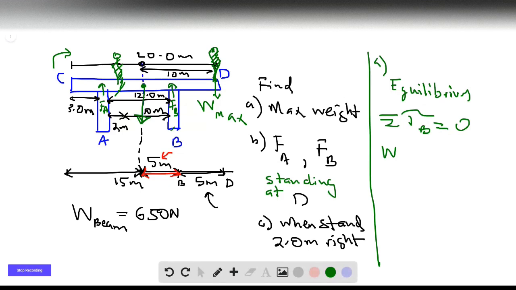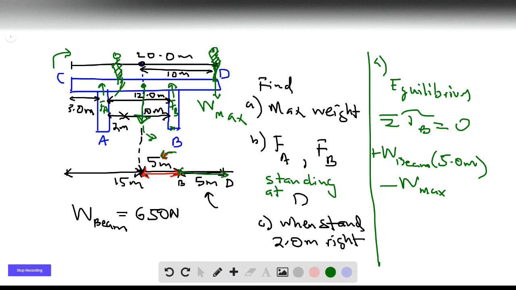So relative to B, it's going to be counterclockwise, and therefore will be positive. That weight of the beam times that distance, which is 5 meters. This distance, remember we said, is 5 meters from B, times 5.0 meters, minus the maximum weight when the person stands at D.